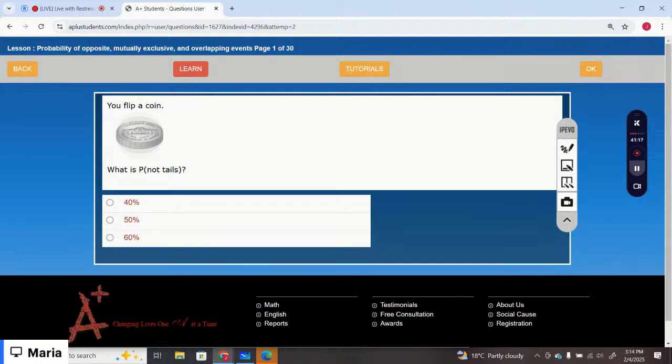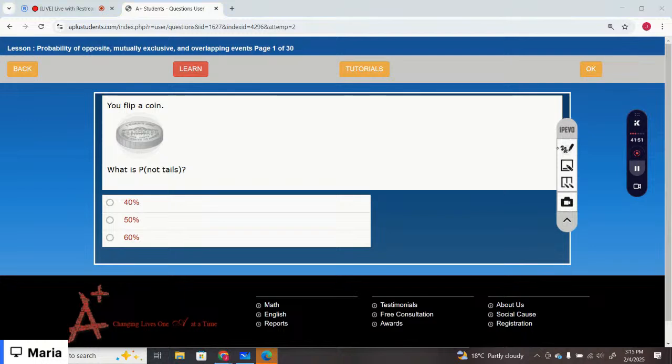You flip a coin. What is the probability of not tails? So which is the correct option? The probability of not tails means the probability of head.